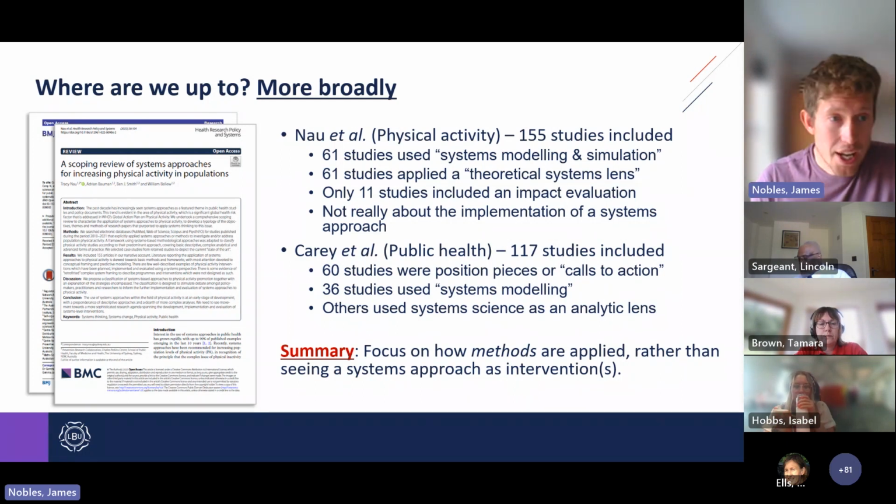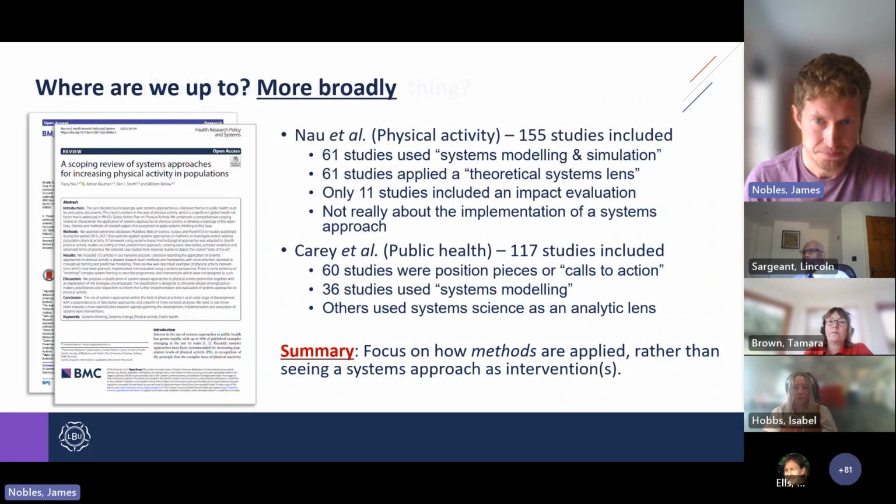Now, what you might have noticed from this paper and from some of the others is one of the main challenges that we've got in this field, and I see this also from speaking with people who are working in local government, which is around terminology and whether or not we're all talking about the same thing when we're talking about systems approaches.